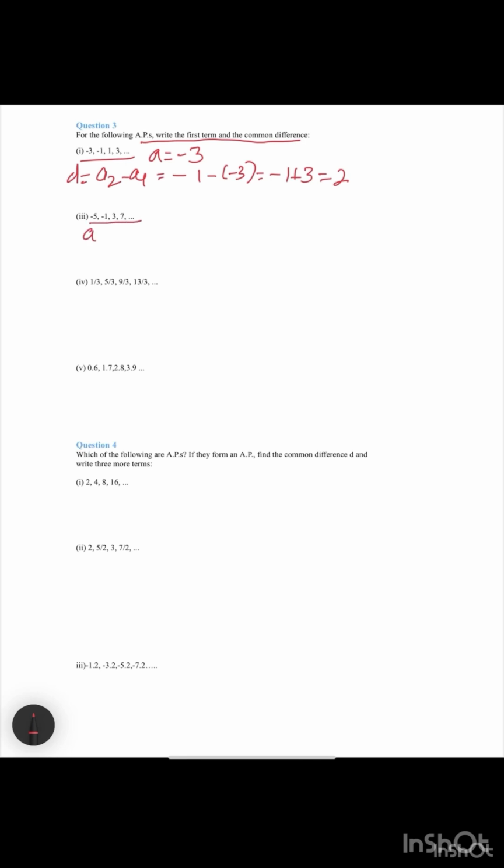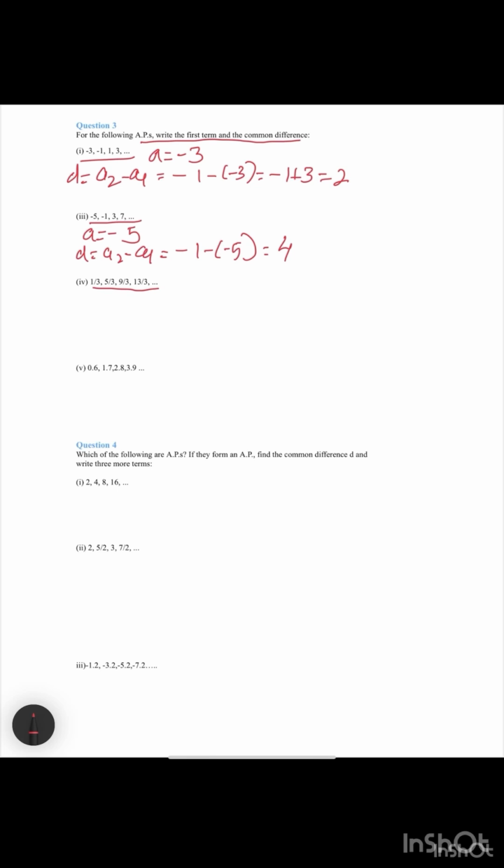Coming to the next part, minus 5, minus 1, 3 and 7. First term is minus 5. D is A2 minus A1. Minus 1 minus of minus 5, that is minus 1 plus 5, which will become 4. So first term is minus 5 and difference is 4. Third part over here is 1 by 3, 5 by 3, 9 by 3 and 13 by 3 and so on.